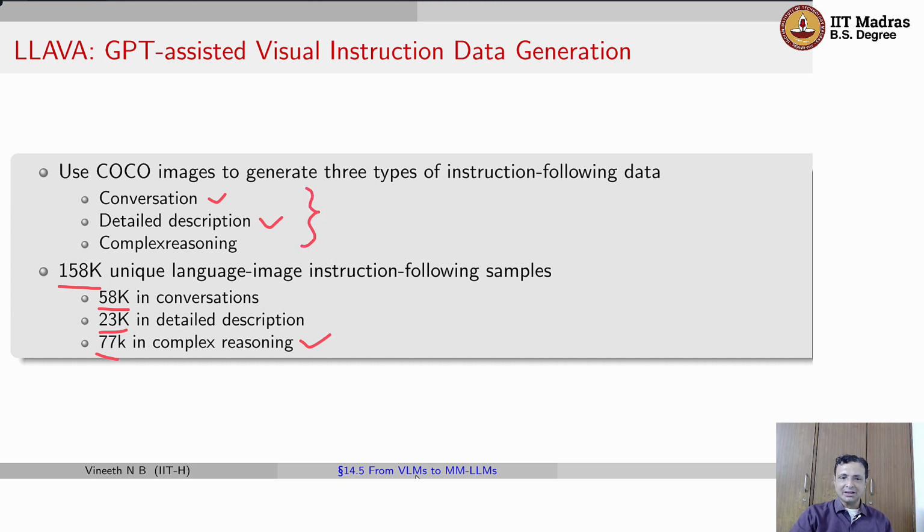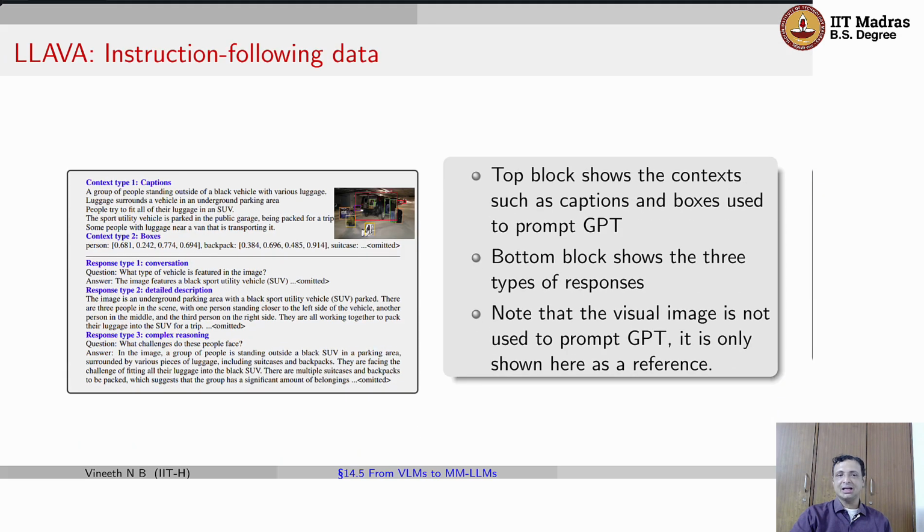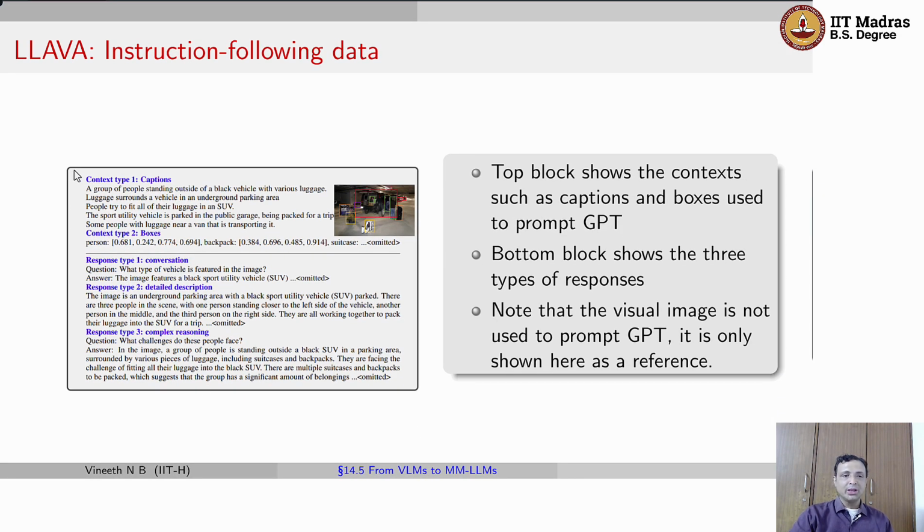What do these three categories mean? Let's see an example. So here is the conceptual captions dataset, where given an image, you have a few different captions for the image itself. So just to give you an example, given this image here, you have one caption: a group of people standing outside of a black vehicle with various luggage.